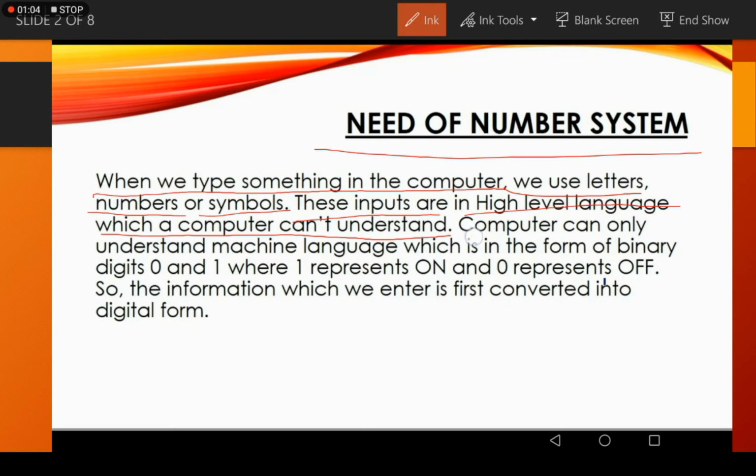As we know, computer can only understand machine language, which is in the form of binary digits 0 and 1, where 1 represents on and 0 represents off. So the information which we enter is first converted into digital form.